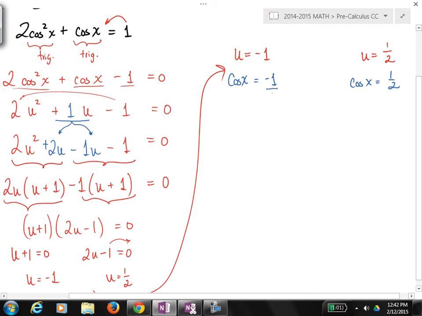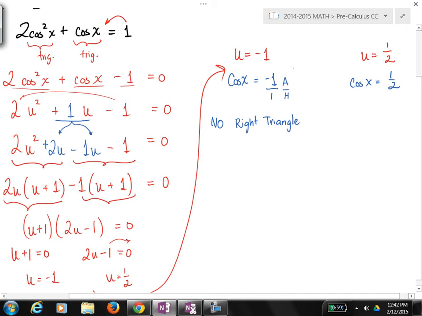Now if I set this over 1, cosine in terms of SOHCAHTOA is adjacent over hypotenuse. What's going to happen here? Can I have a right triangle where the hypotenuse is 1, but also the adjacent not be 1? No right triangle for this one.